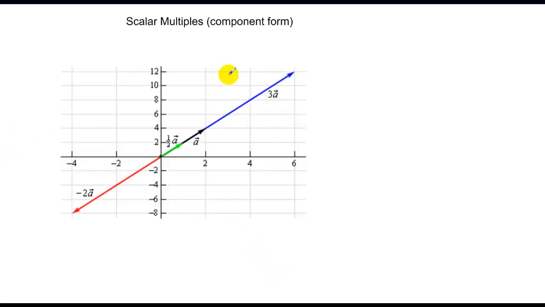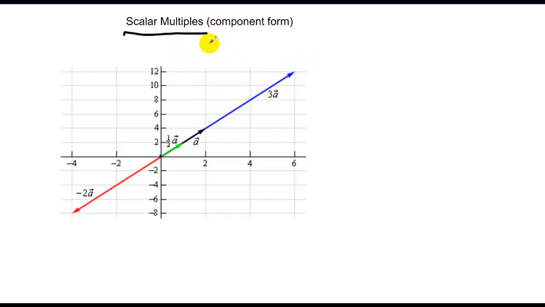Now there are these things called scalar multiples, and in polar or in component form, what we do with a scalar multiple is we're basically saying, hey, we're going to multiply your vector by a quantity. For instance, here's vector A, and if I have half of A, well, it's the same vector, but half the length. Or 3A would be the same vector, but 3 times its length.